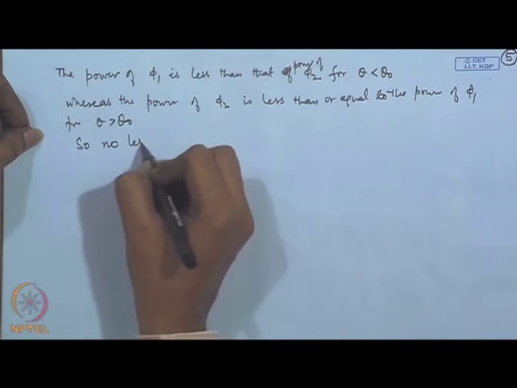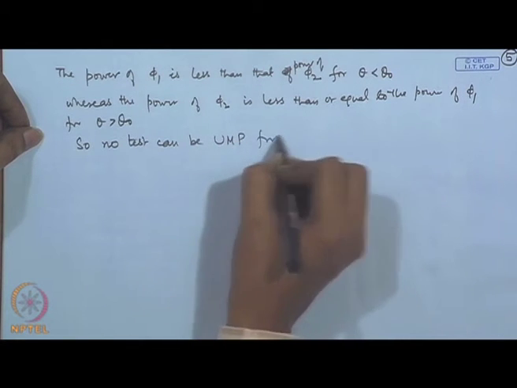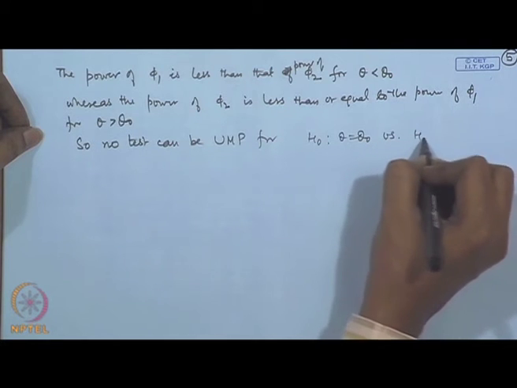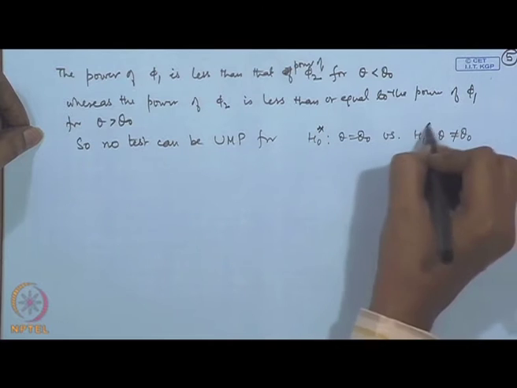So, this one is having power less than that, and similarly the other way around. So, naturally no test is UMP. So, no test can be UMP for H naught: theta equal to theta naught against H 1: theta not equal to theta naught. Let me call it a star here.